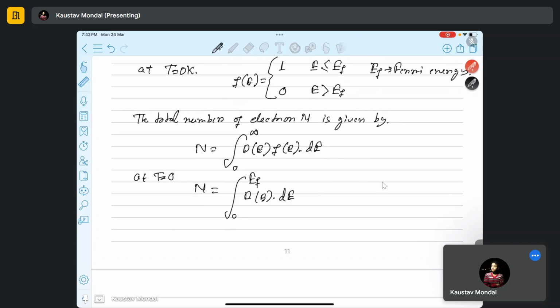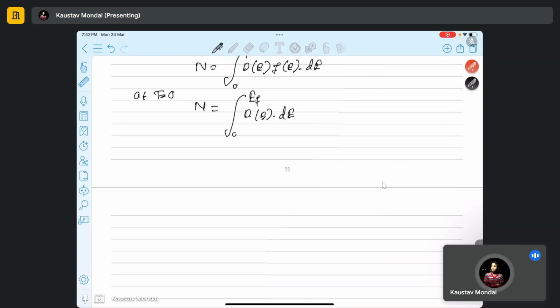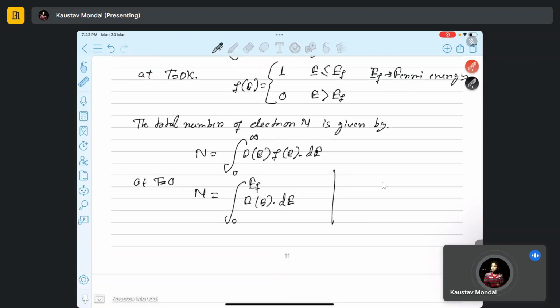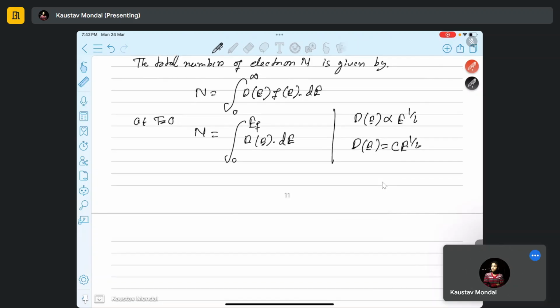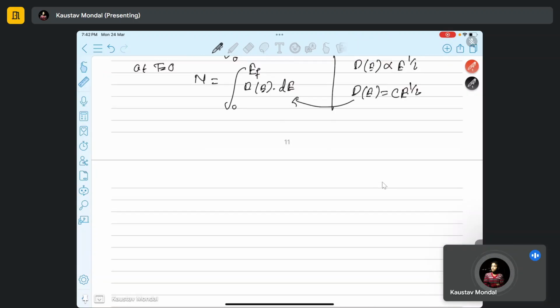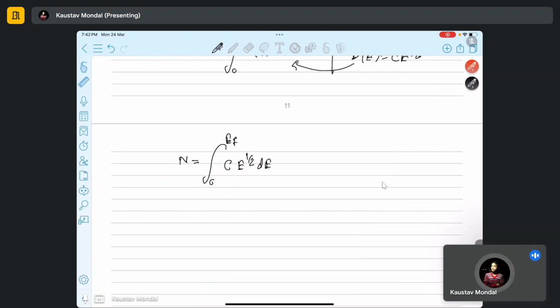Now the expression of the density of states is proportional to E to the power half, so you can take C as a proportionality constant. If you substitute this, the total number of electrons is the integral from 0 to EF of C E to the power half dE.